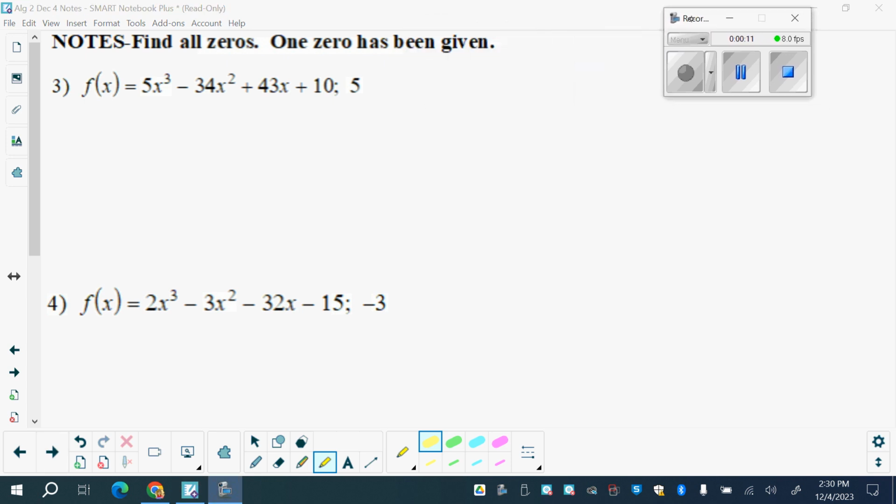Okay, so on this problem, it says we want to find all the zeros, and 1 0 has been given. If we wanted to factor this, how can we factor it?